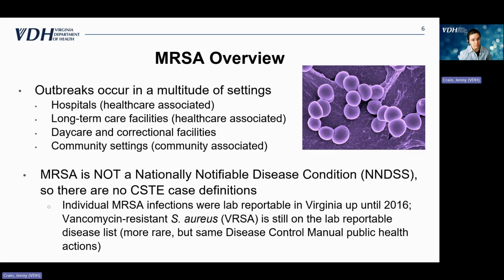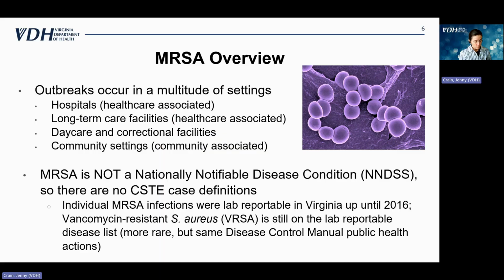Individual cases of MRSA infections historically were lab reportable in Virginia up until about 2016. VRSA, or vancomycin resistant Staph aureus, is still on the lab reportable disease list. It is more rare, but in Virginia we have the same disease control manual public health actions for VRSA as we do for MRSA.